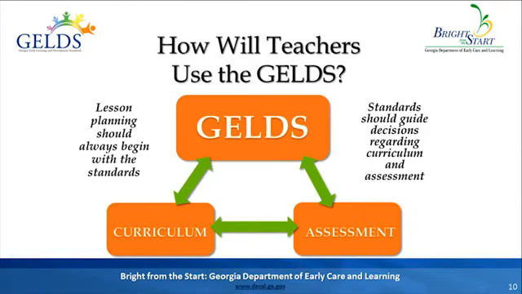So when you're thinking about what to do in the classroom, you think about which standards you want to cover, and that helps guide your lessons and activities, and that in turn will lead to your assessment, your observations to know whether the children are meeting those standards. And then if they're not, then you go back to your GELDS to see what you need to recover and redo. If they have met it, great.